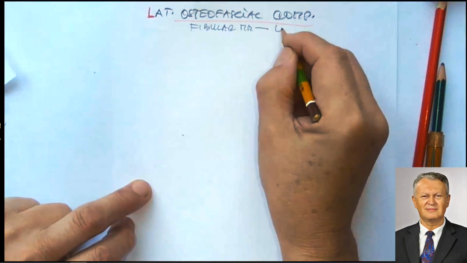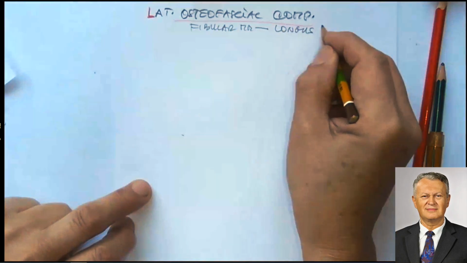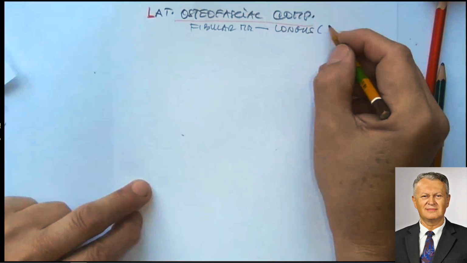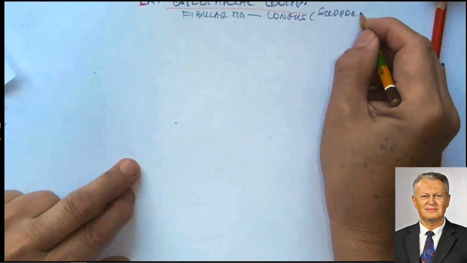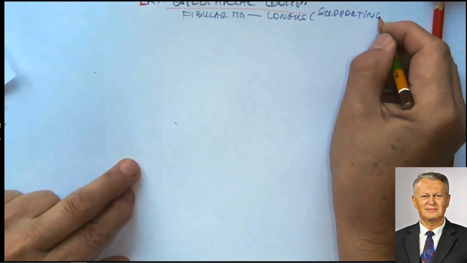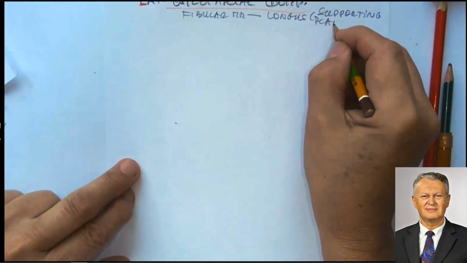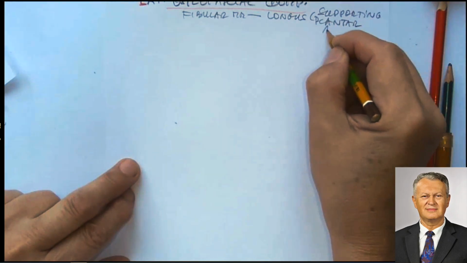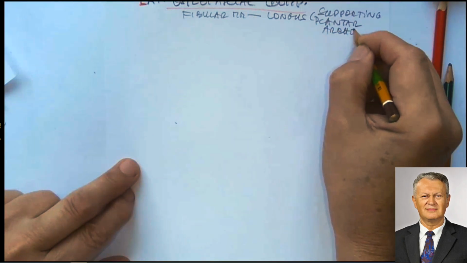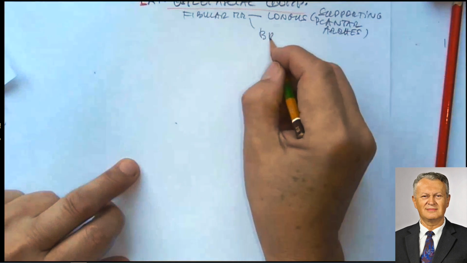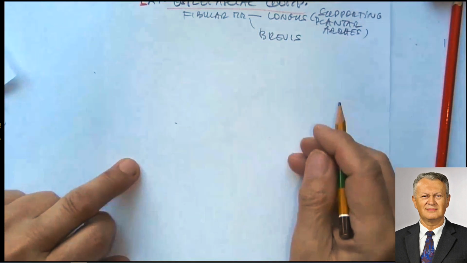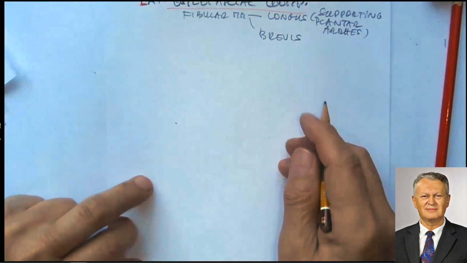Fibularis longus is important also for supporting the plantar arches, both of them, transverse and longitudinal. Brevis is not that much, it is shorter.